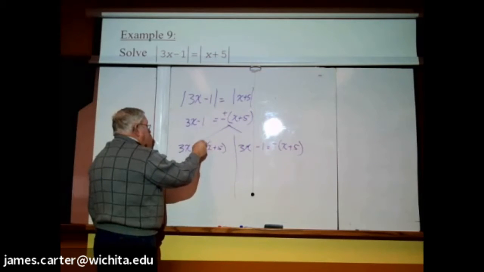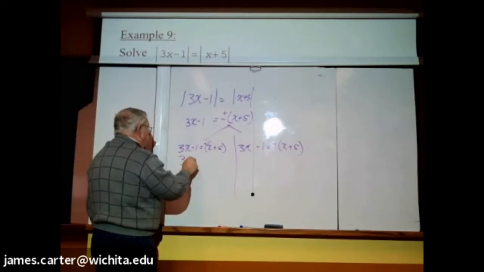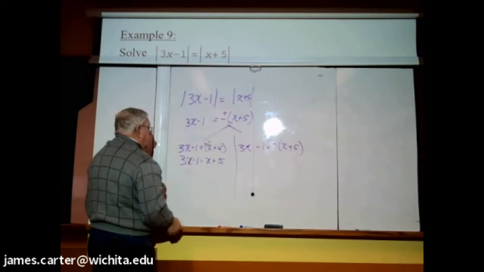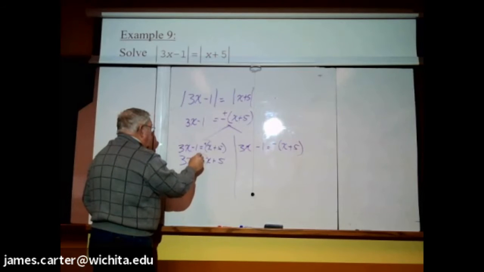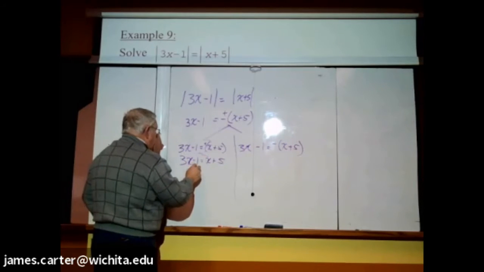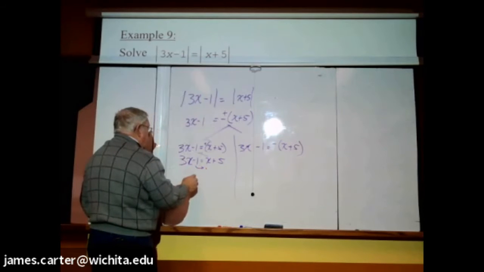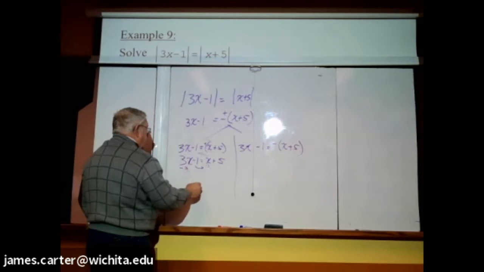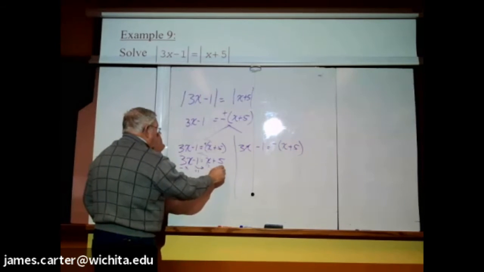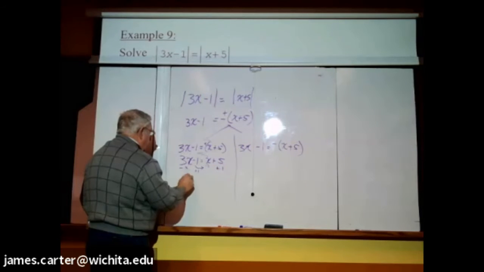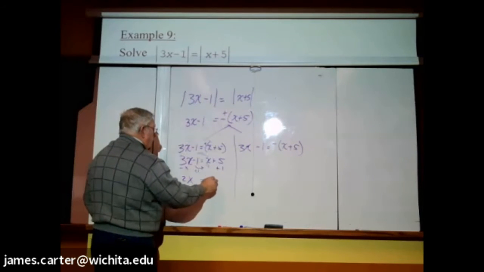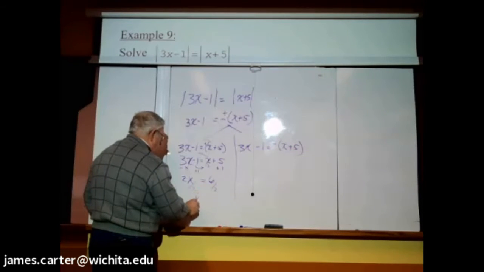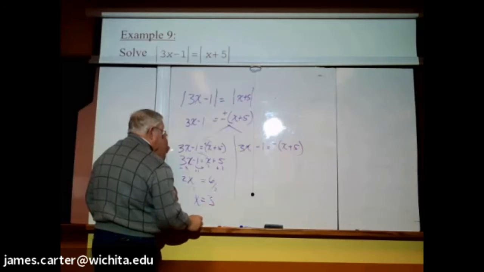So I'll rewrite it, 3x minus 1 equals x plus 5, because that plus sign's not going to alter anything. We'll take this over there, and we'll take that over there. So minus 1, minus x, and then plus 1, and I get 2x equals 6. Divide by 2, x equals 3.